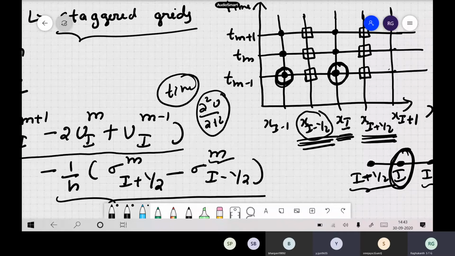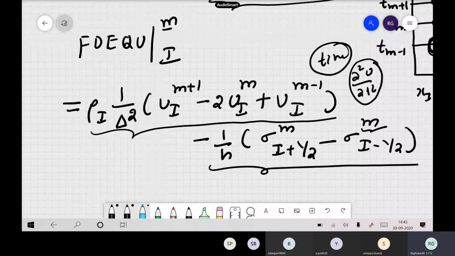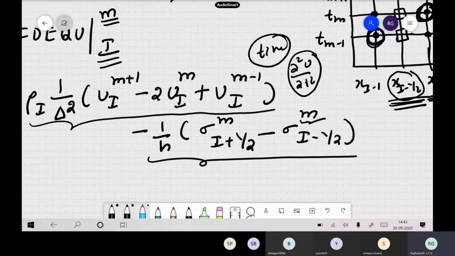Once again, I'm sorry, it's not at m minus 1. So now you are computing the second derivative here. The second derivative of u at i you are finding, at time m itself. That is how we have written m and i itself. So this is how you have to compute the derivative.